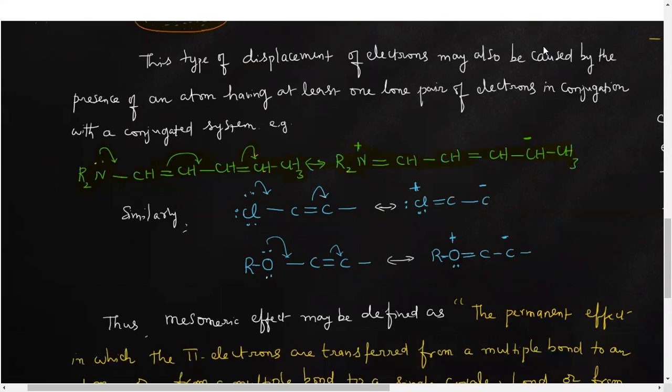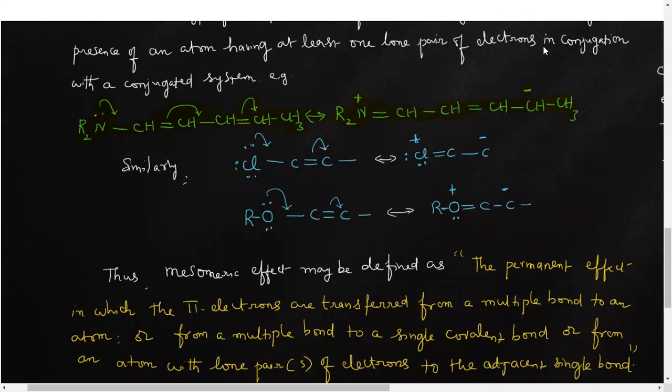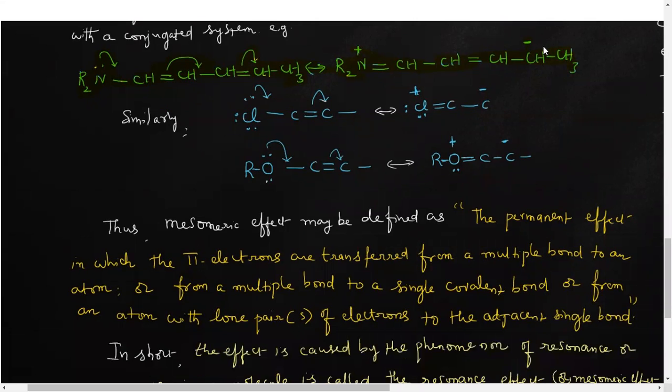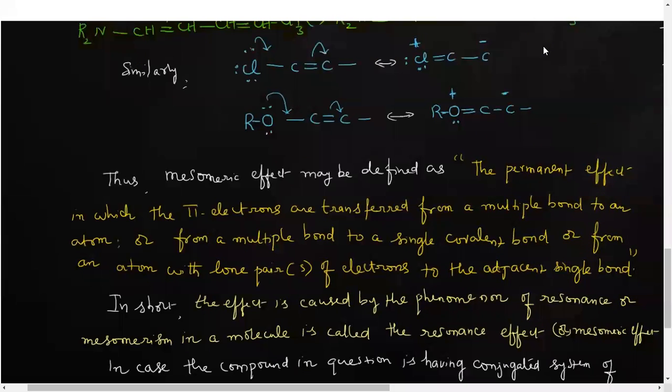So the mesomeric effect may be defined as a permanent effect in which the pi electrons are transferred from a multiple bond to an atom, or from a multiple bond to a single covalent bond, or from an atom with a lone pair or pairs of electrons to the adjacent single covalent bond. So this is the definition of mesomeric effect.